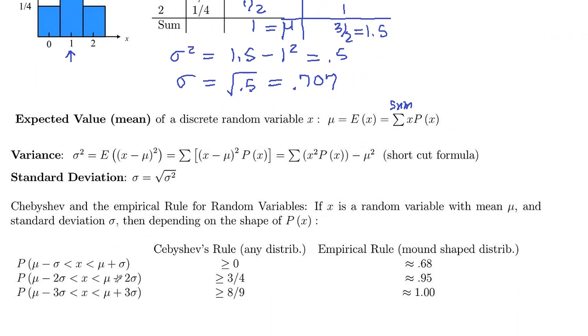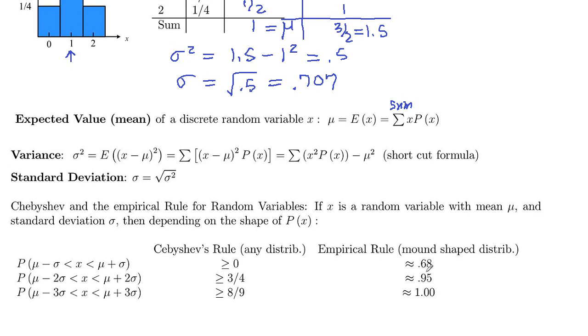Now, one thing we want to consider once we know spread is that we can compare a random variable distribution to Chebyshev and the empirical rule. If x is your random variable, mu is the mean and sigma is the standard deviation, then depending on the shape of your probability distribution, we could look at the probability that a value is within one standard deviation, so mu plus or minus sigma. For Chebyshev's rule, they just say there has to be at least some of the data in there.